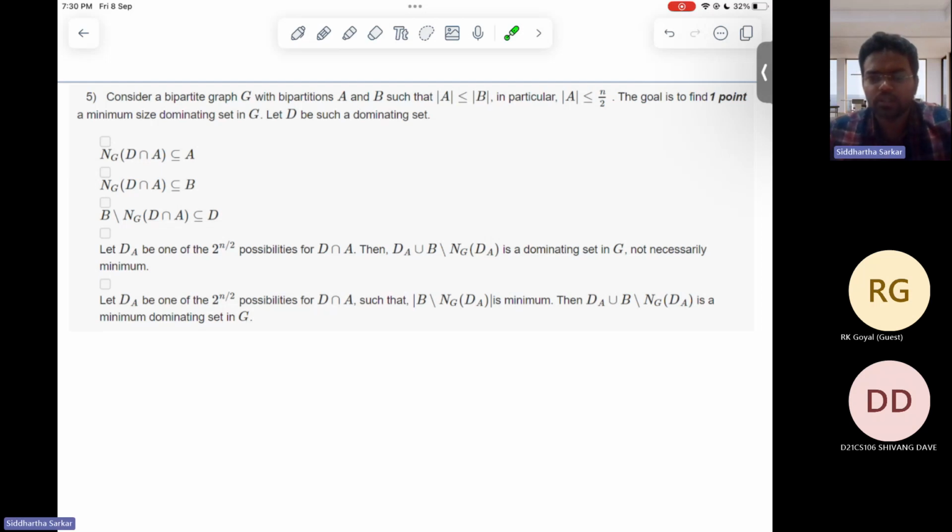A dominating set for a graph G is a subset D of its vertices such that any vertex of G is either in D or has a neighbor in D. Let me write it down.